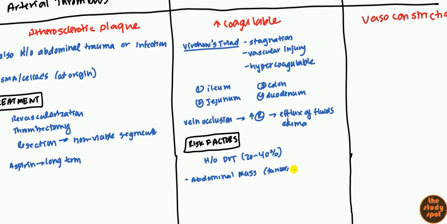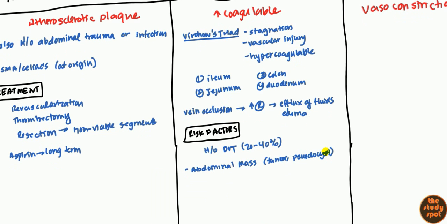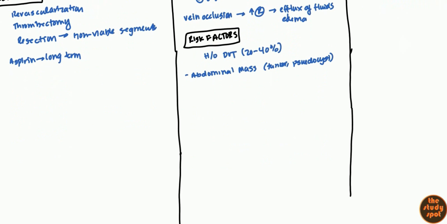These can physically push on the veins and cause occlusion. Next would be inflammations such as pancreatitis or even diverticulitis, and these inflammations tend to release prothrombogenic cytokines, and that can lead to hypercoagulability.